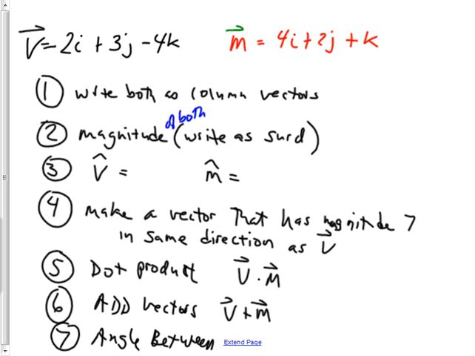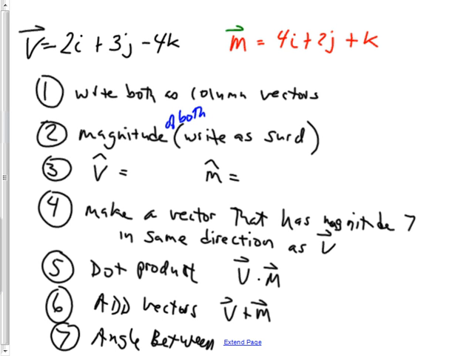So here are 7 questions about the 2 vectors. I'll read through them so there's no questions about this. Vector V and vector M, the black one and the red one, write them both as column vectors. That's an awfully easy point. Number 2, find the magnitude of both, and if necessary, write them as a surd.